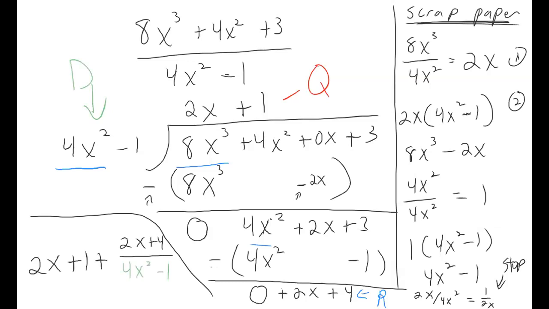If you're doing Hawkes, it asks for the answer to be Q plus R over D. That's what it's talking about. Quotient is what is on the top, my remainder is what is left over, my denominator. And sometimes you'll do a problem that you don't get a remainder, and that's okay. But if you do, this is how you do it.